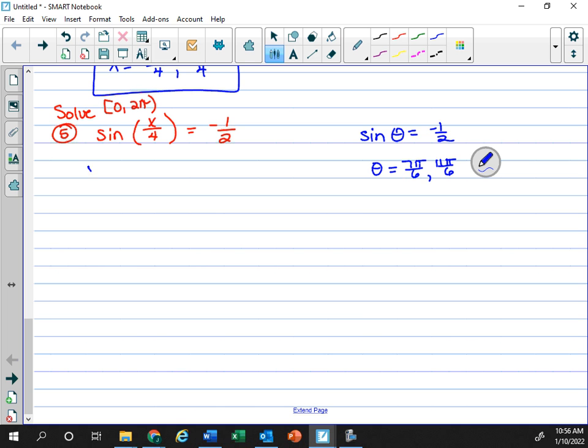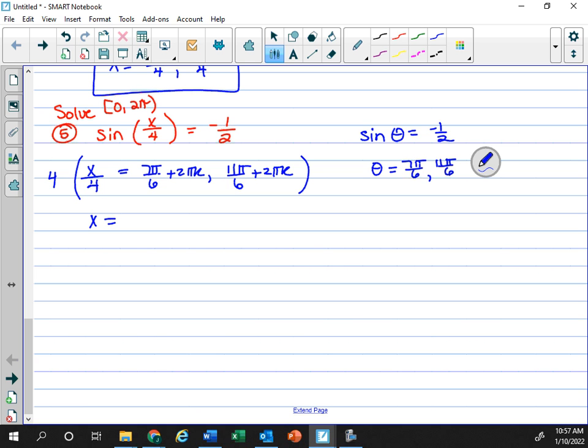Now, when we go over here to solve this, we've got x over 4 equals 7 pi over 6 plus 2 pi k and 11 pi over 6 plus 2 pi k. How do you solve this? Multiply by 4. That is making some large numbers, right? Okay, 7 pi over 6 times 4.